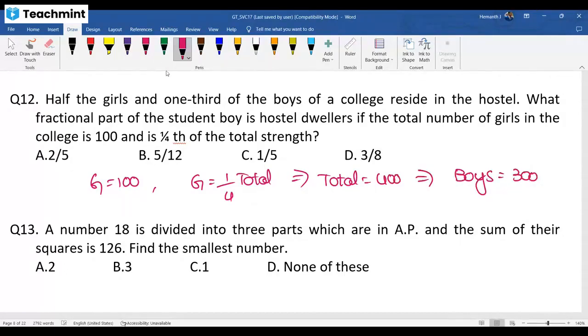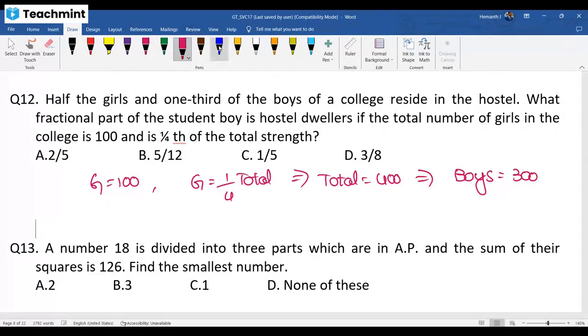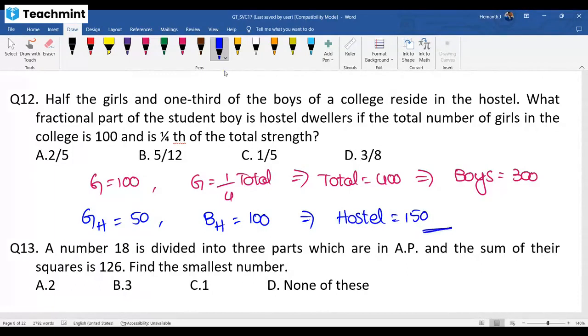Now, half of the girls are staying in the hostel. So girls staying in the hostel is 50. Boys staying in the hostel is one third of the boys, which is nothing but 100. So how many people are staying in the hostel is 150.